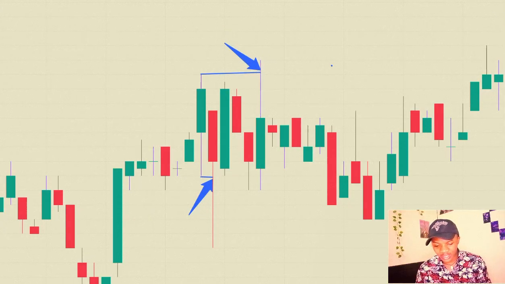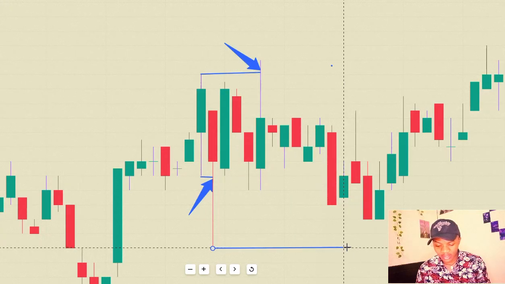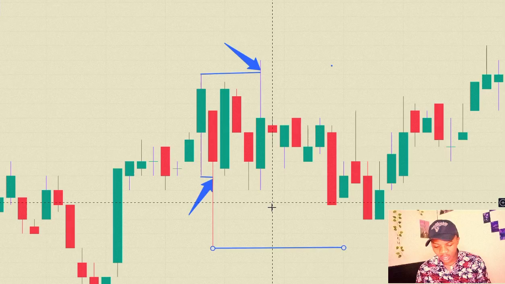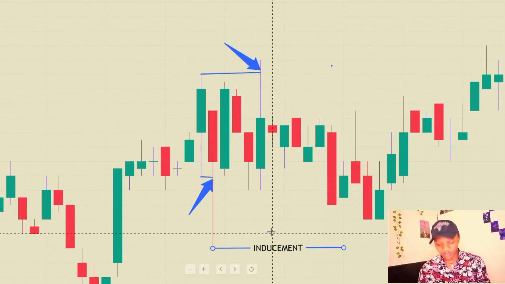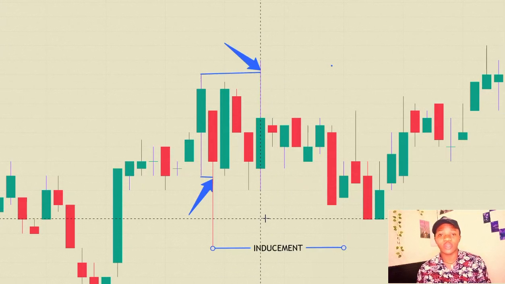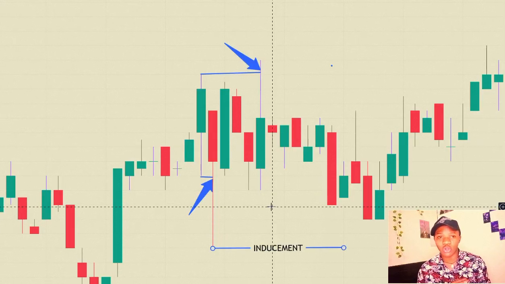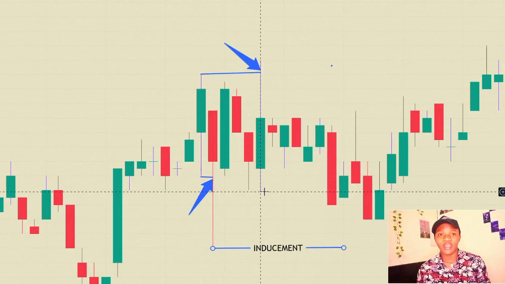The last selling candle is down here. We find it down here, and in this scenario it is going to be our inducement. So this is what we are going to follow in the structure, and we are going to follow these rules until we mark all our structure with good, marked inducement.